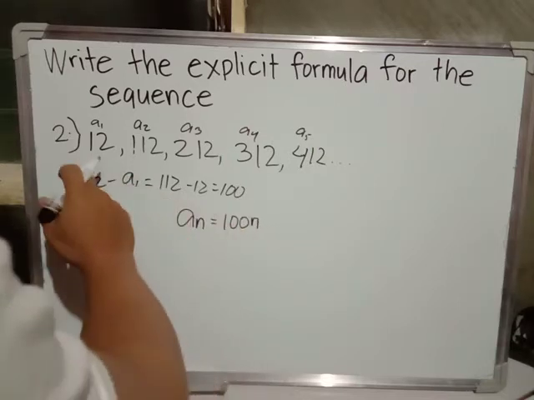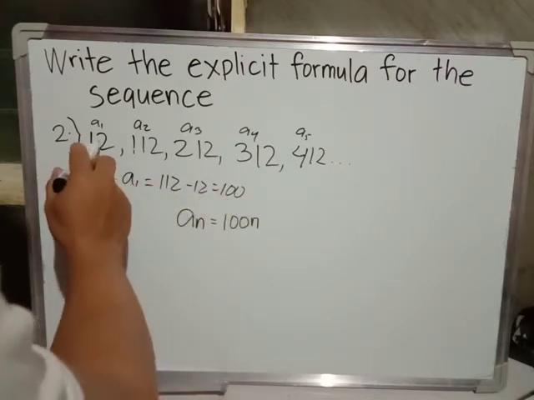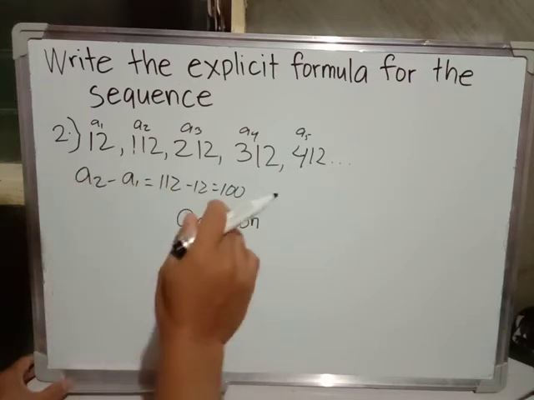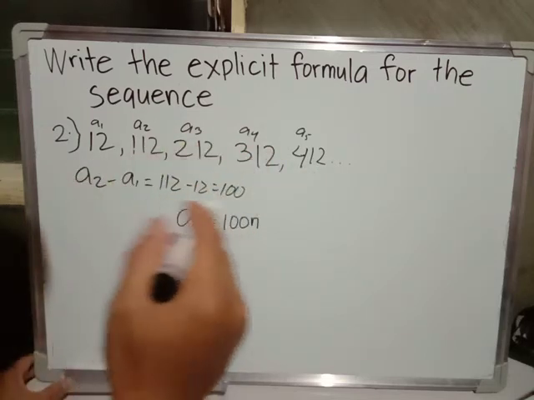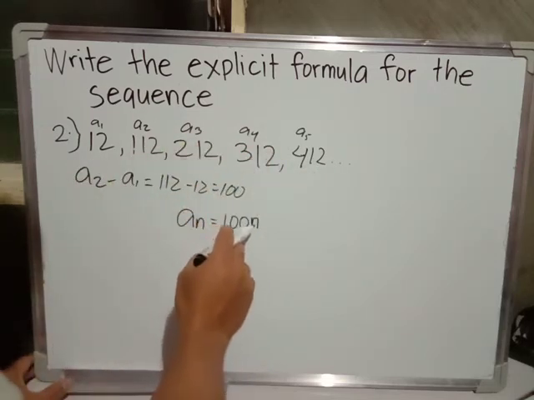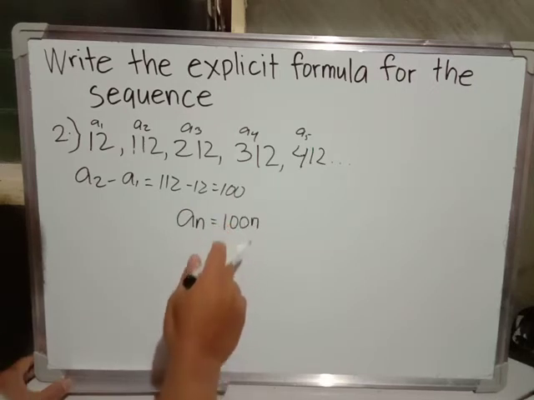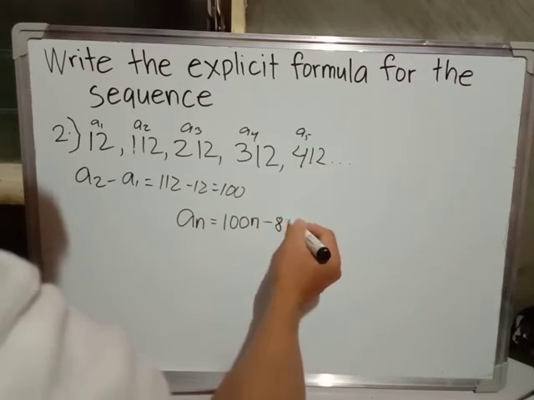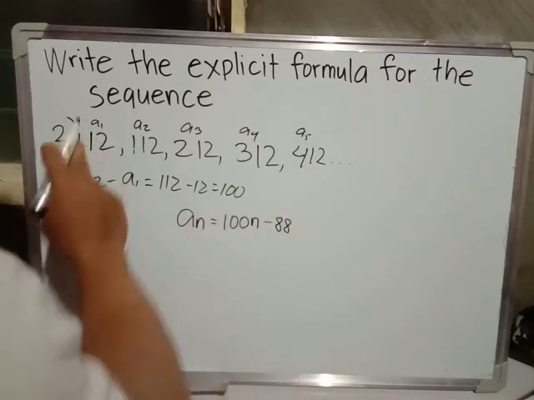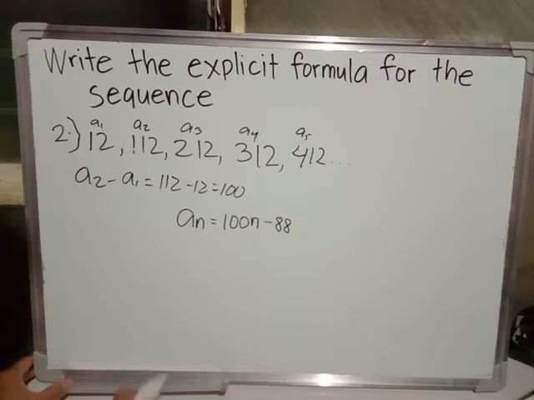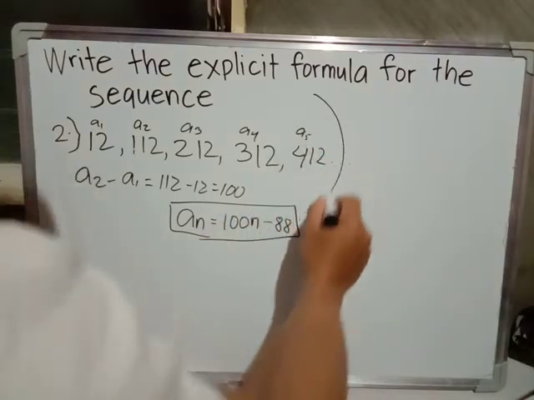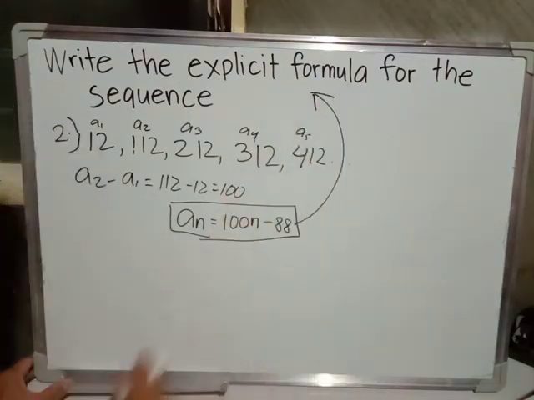What do we add or subtract to achieve 12? Unlike in the previous example where we added 8, here we subtract 88, because 100 minus 88 is 12. So, that is the explicit formula of this sequence.